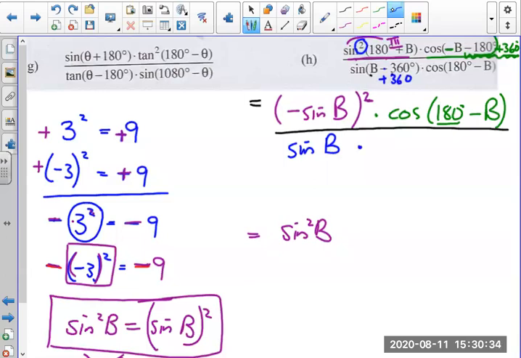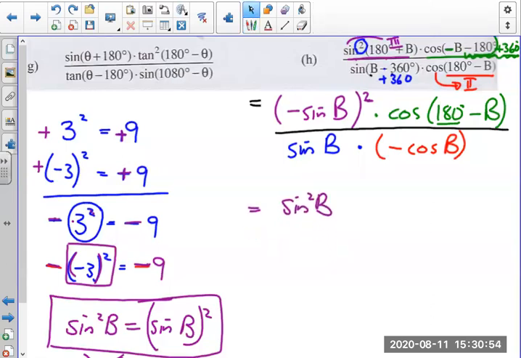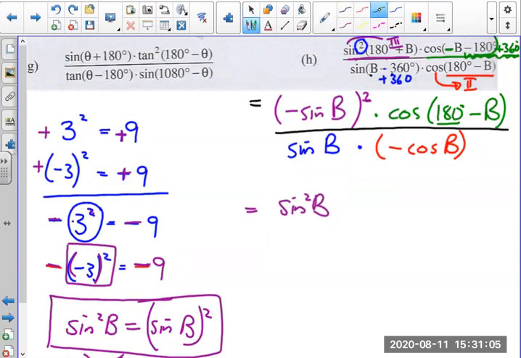The last one is easy because 180 minus b is in the second quadrant again, and cos in the second quadrant is negative. Okay, I still have some simplification to do. So we said this minus sine b squared becomes positive sine square beta. Okay, let's carry on. Cos 180 minus b: I know this is in the second quadrant.